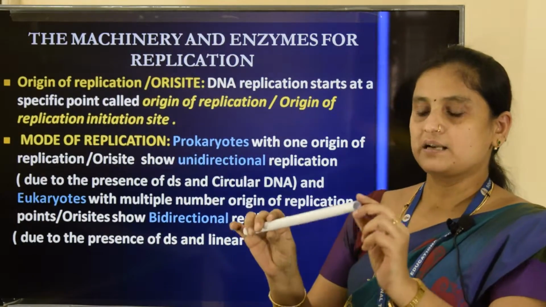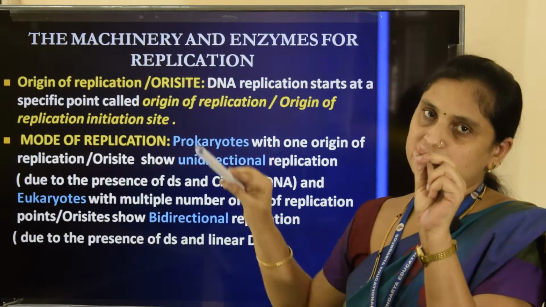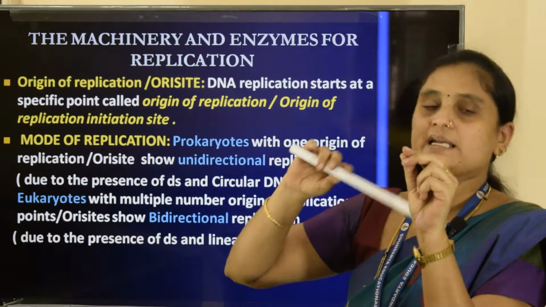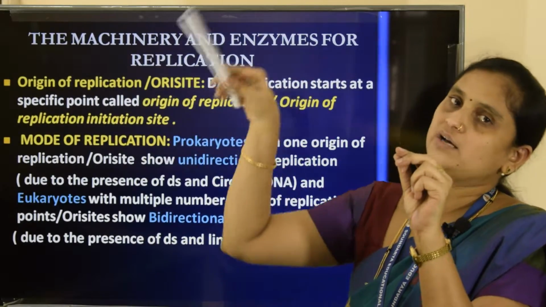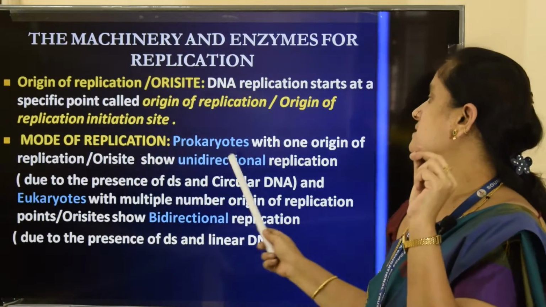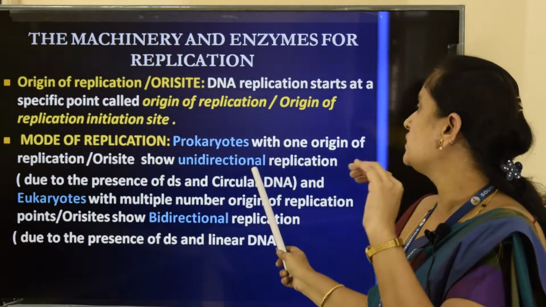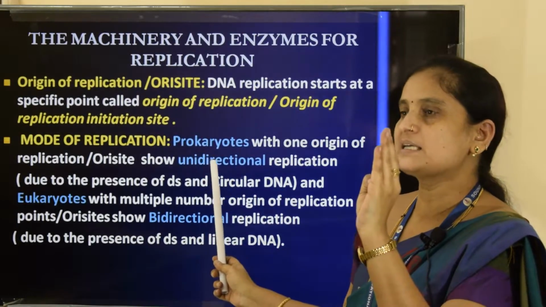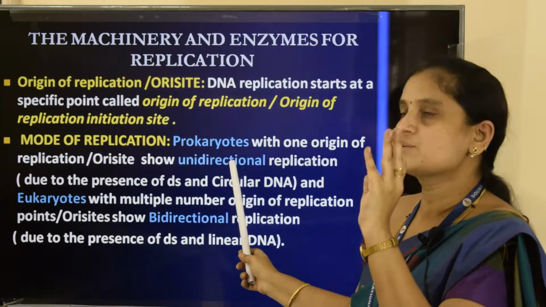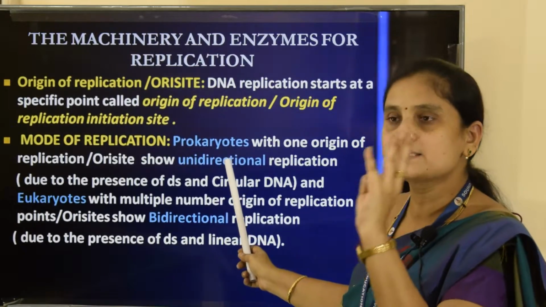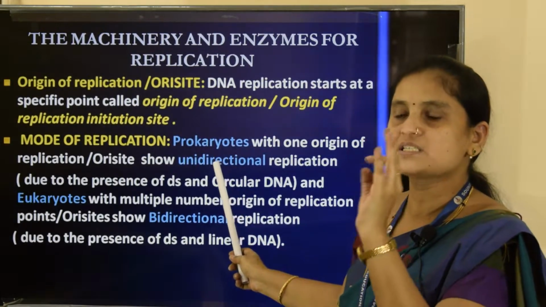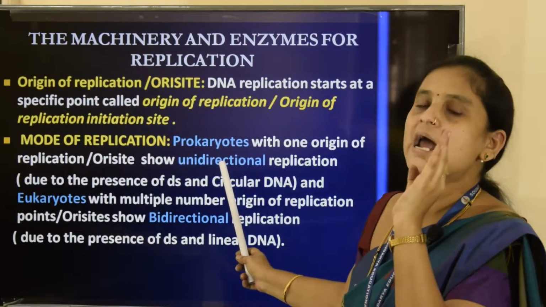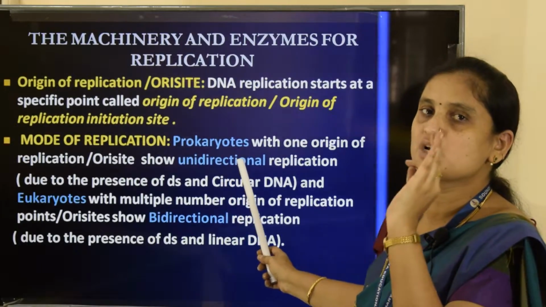That means replication either has to begin in the clockwise direction or in the anti-clockwise direction, in either this direction or the other. So this mode is called unidirectional replication. Remember, for your competitive examination, it is very important: prokaryotes have circular double-stranded DNA with only one point of origin of replication, and hence they show the unidirectional mode of replication.